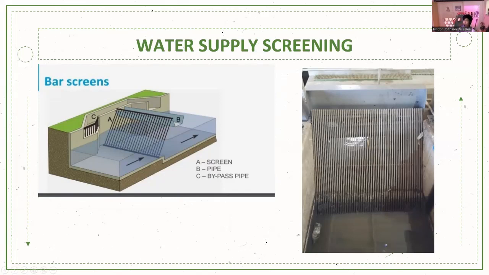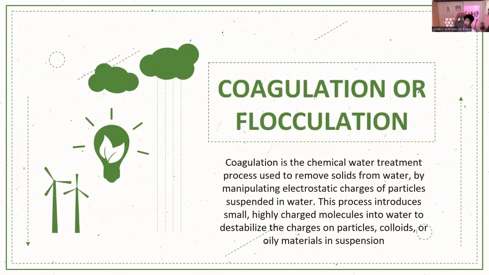The next process is coagulation or flocculation. Coagulation is the chemical water treatment process used to remove solids from water by manipulating electrostatic charges of particles suspended in water.